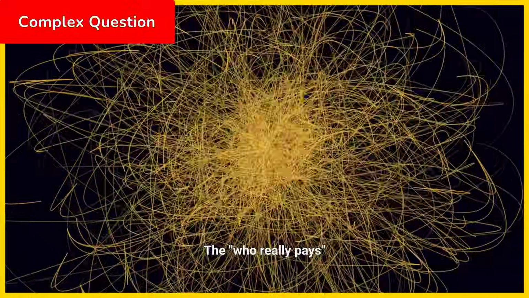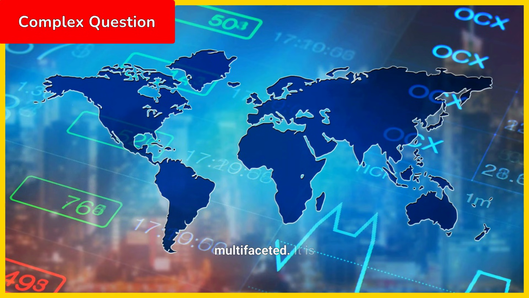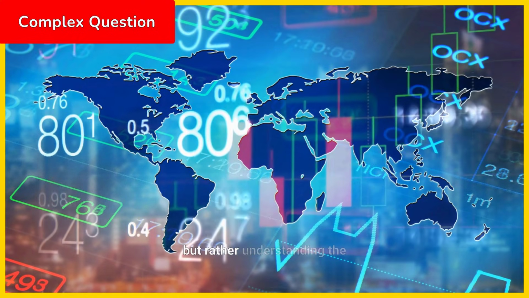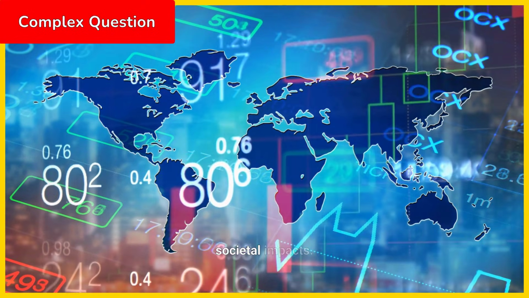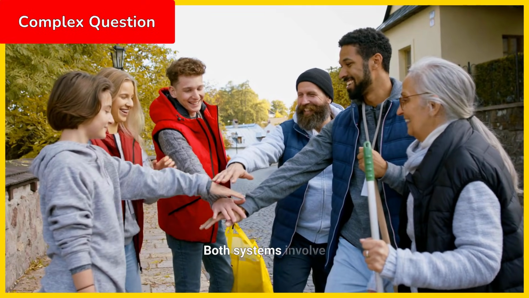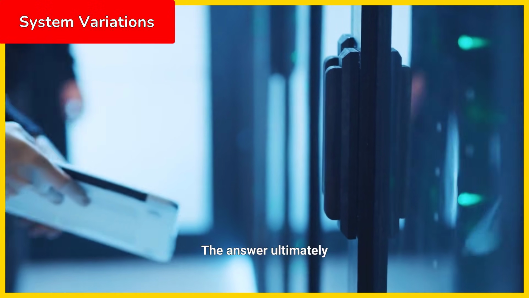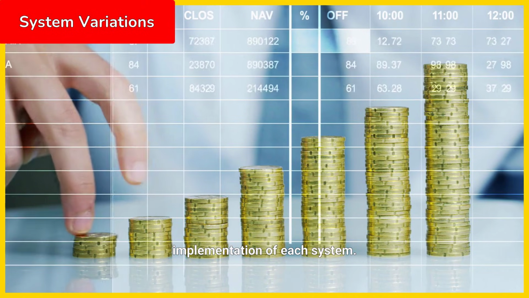The who really pays question is, therefore, complex and multifaceted. It is not a simple matter of identifying a single payer, but rather understanding the mechanisms of cost distribution and their broader societal impacts. Both systems involve contributions from everyone. The answer ultimately depends on the specific design and implementation of each system.